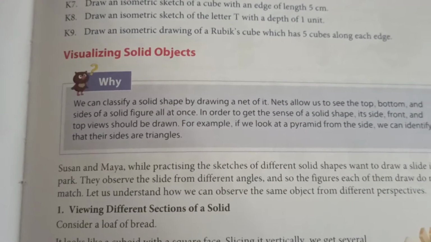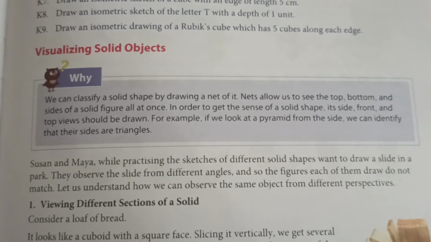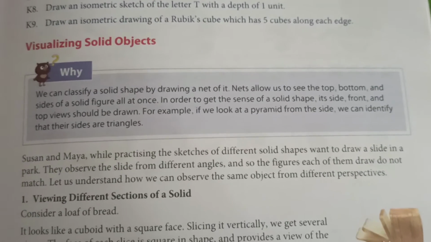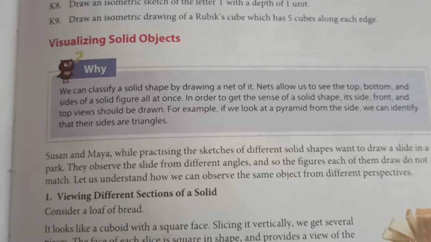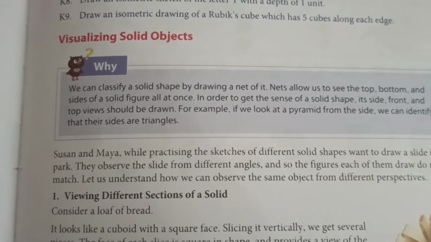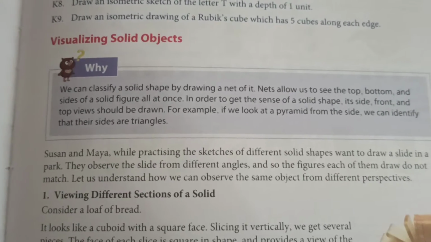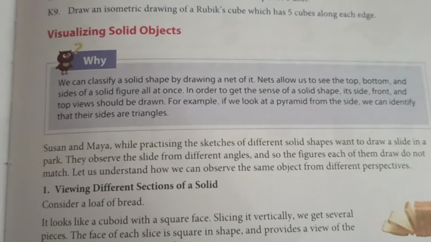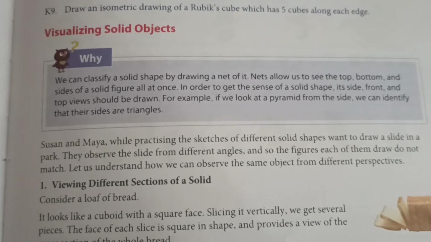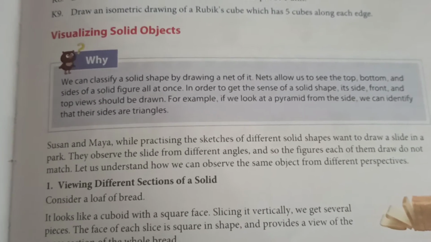In order to get the sense of a solid shape, its sides, front and top views should be drawn. For example, if we look at a pyramid from the side, we can identify that their sides are triangles, right?